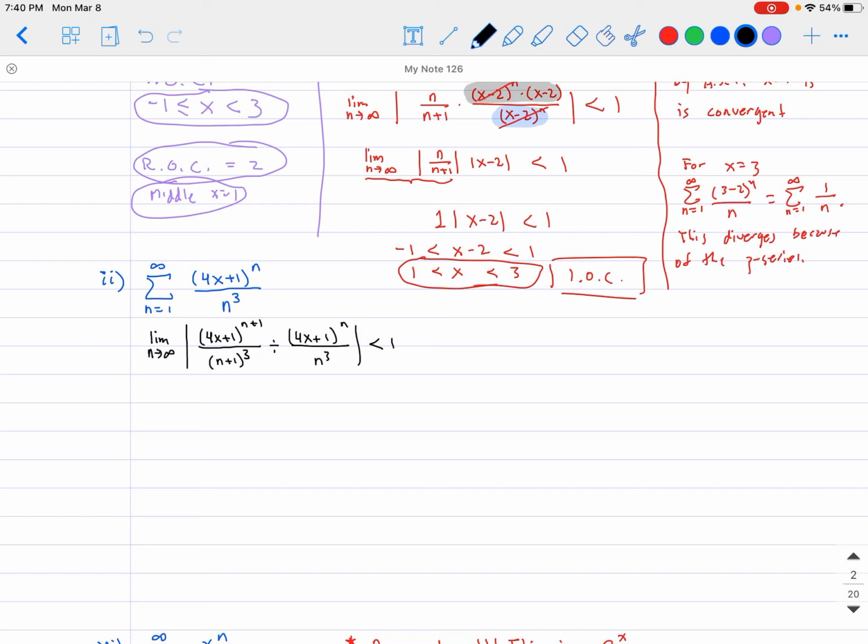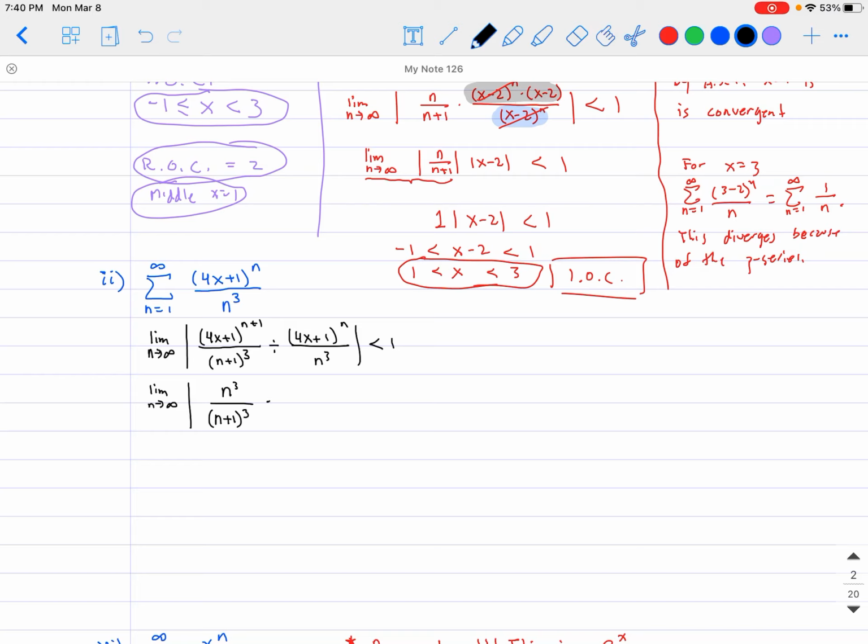So we're going to clean up the algebra here. Limit as n approaches infinity. I'm going to combine all the like terms together. Let's put n cubed on top, and we're going to have (n plus 1) cubed on the bottom, on the left-hand side.